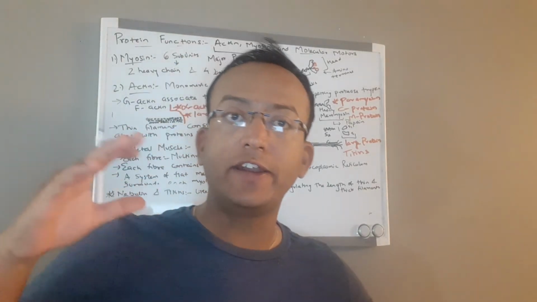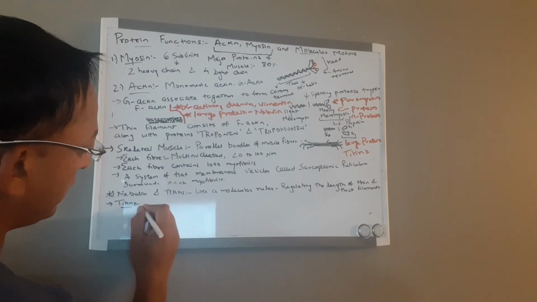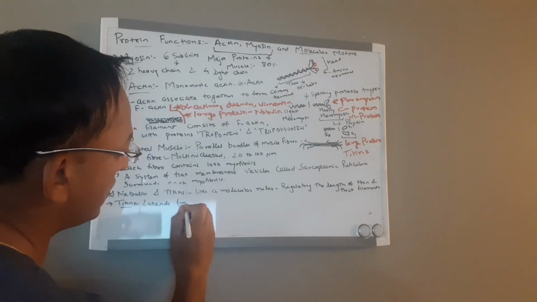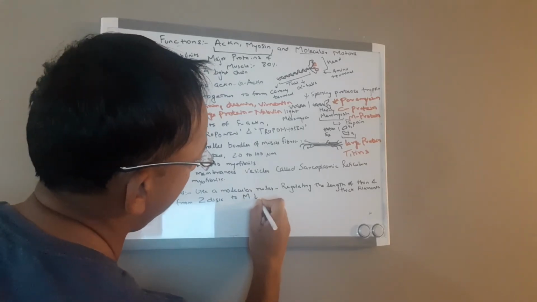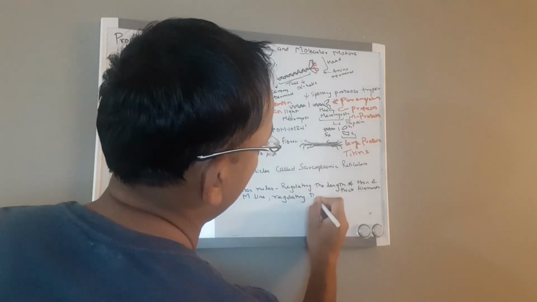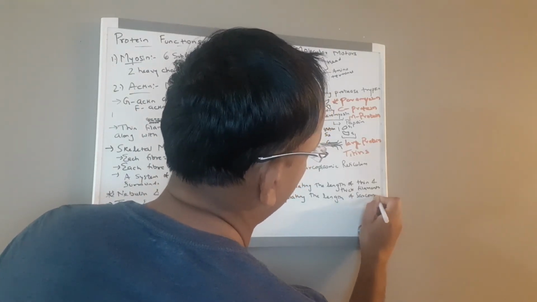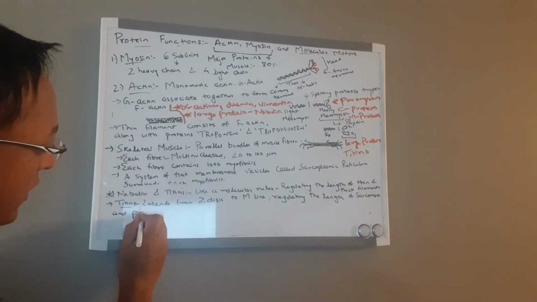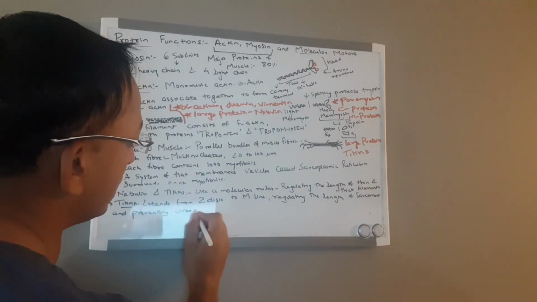The function of titin is that it extends from the Z disc to the M line, regulating the length of the sarcomere itself and preventing overextension of the muscles.